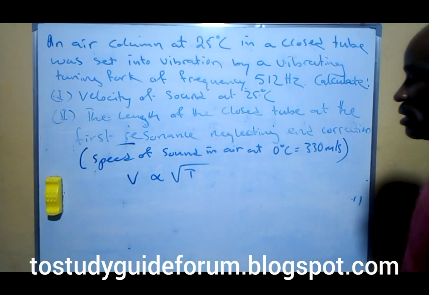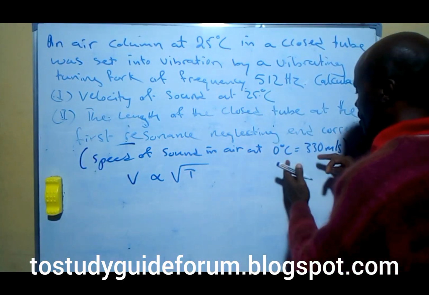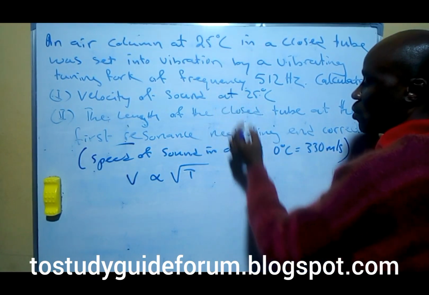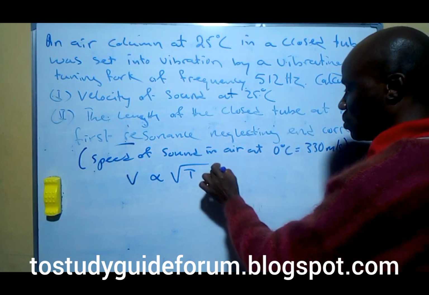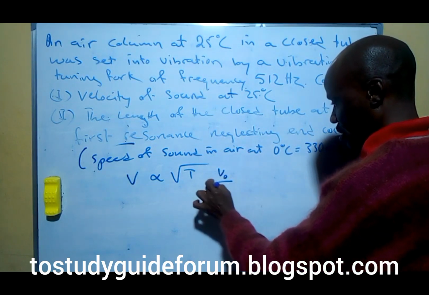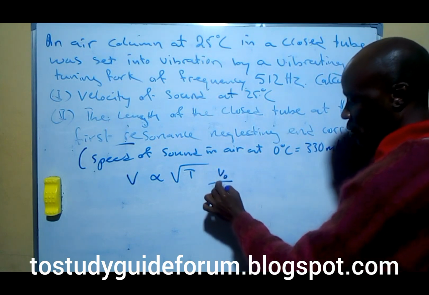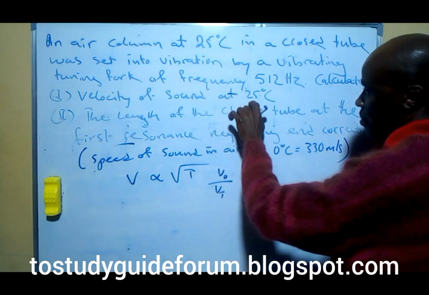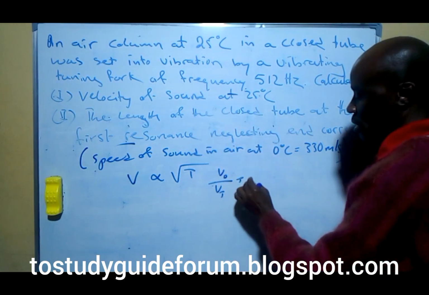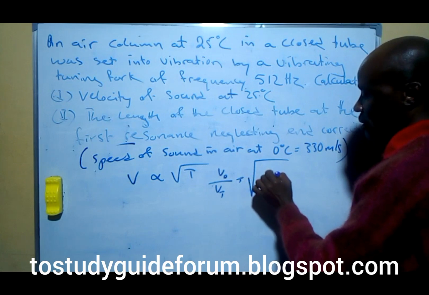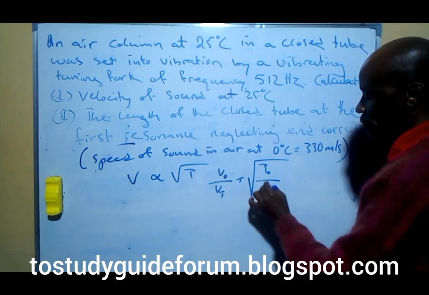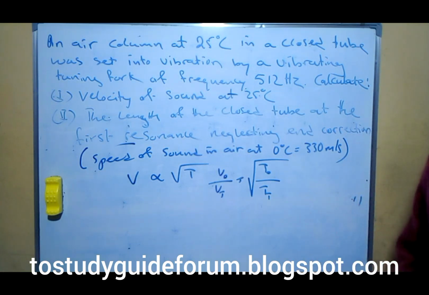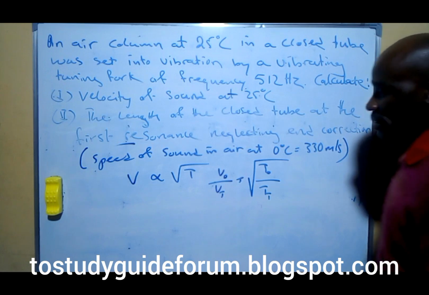So since we have the first temperature of 0 degrees and the other one, we are going to compare them. If we are comparing, let's say V0 for 0 degrees Celsius and VT for 25 degrees Celsius, then we have T0 over T, and this temperature should be in Kelvin.